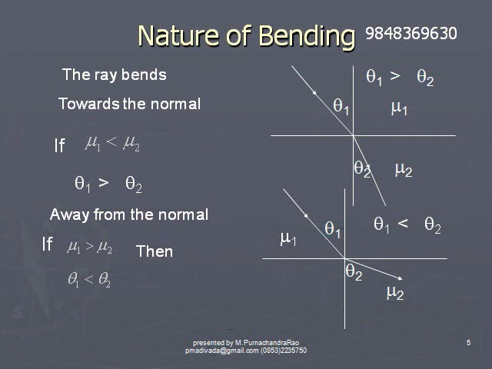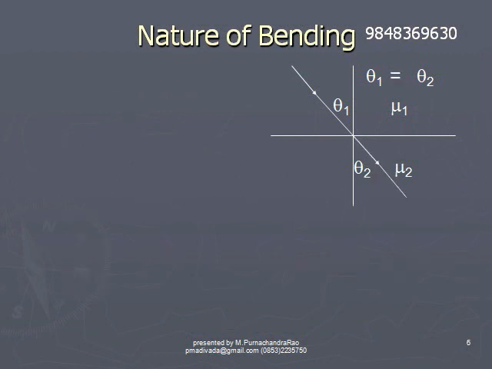Theta 1 will be less than theta 2 when the light ray enters a rarer medium from a denser medium. If the refractive indices of the two media are equal, then theta 1 will be equal to theta 2 and the ray travels undeviated. The ray travels undeviated if mu1 is equal to mu2.